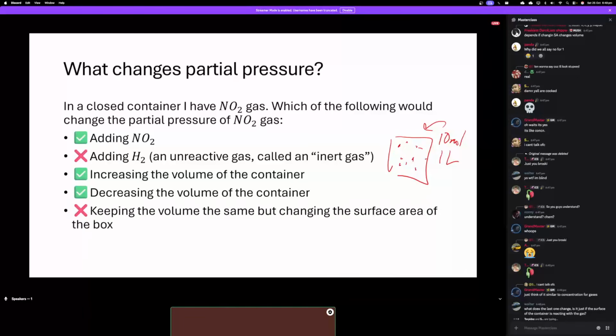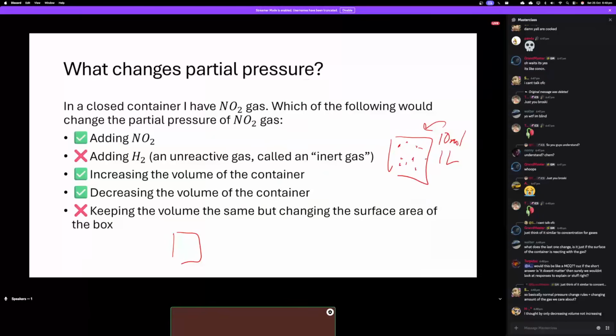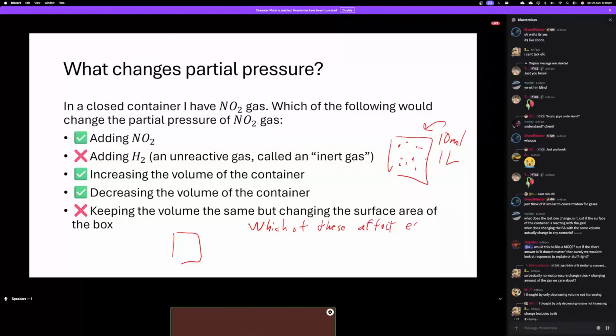So the last one I want to get is the surface area, keeping the volume the same. It's a little bit tricky, but if I have some container, like an MCQ, an MCQ on partial pressure is highly unlikely. If it was going to be something, it'd be like which of these affect equilibrium, right?